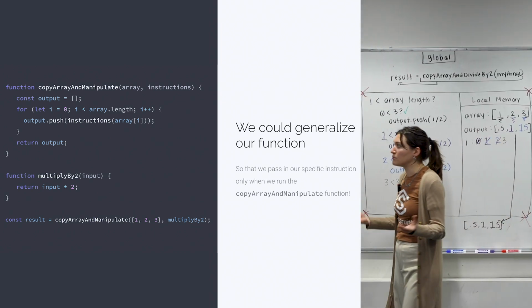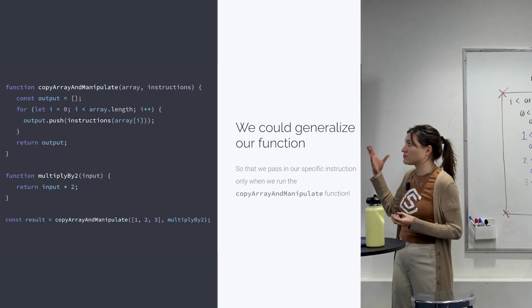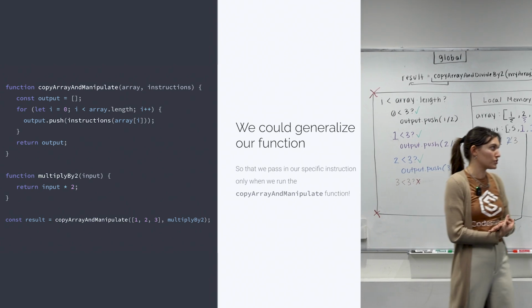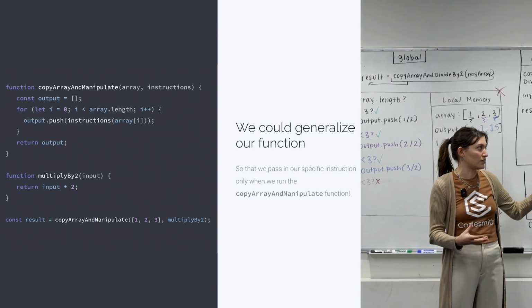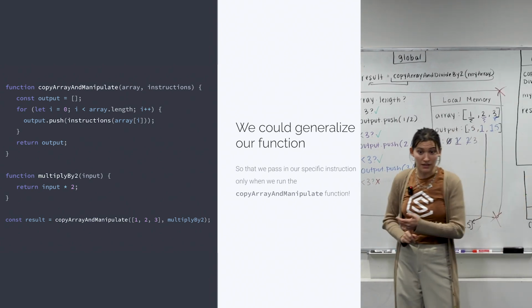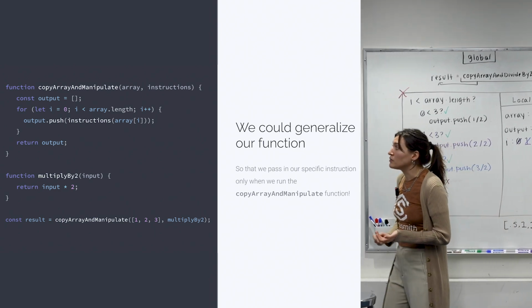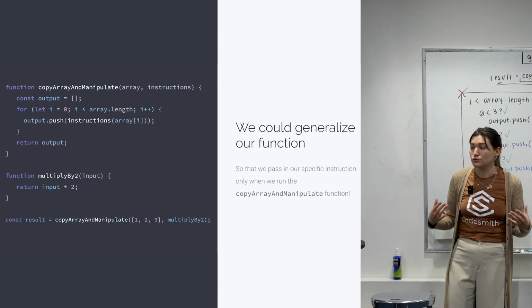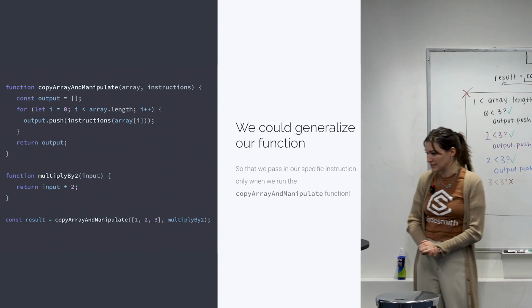So in other terms, we could generalize our functions even more. When we define this function, we don't have to know the exact data that we want to work with, but we also don't have to necessarily know all of the functionality that we want to run at the time that we define this.